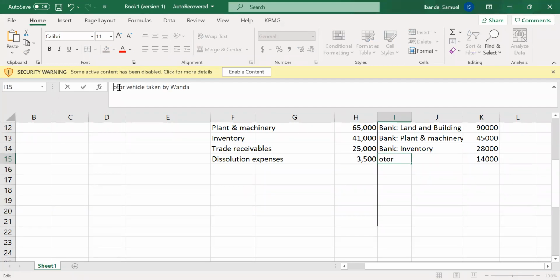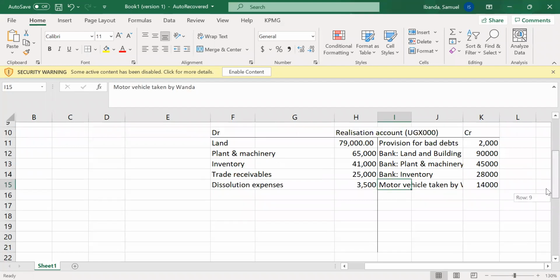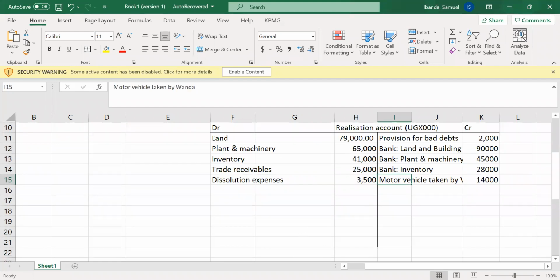But yours is to ask yourself, what will be the double entry for this? As we are seeing it being credited here, this 14 million in our realization account, what would be the double entry for this? Now, Wanda is a partner. And because Wanda is a partner, it means that we have to look at his transactions also through the partner accounts, okay?